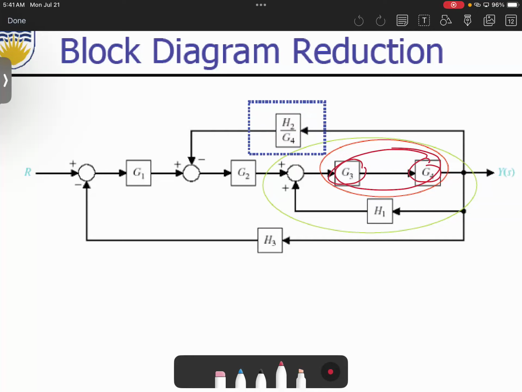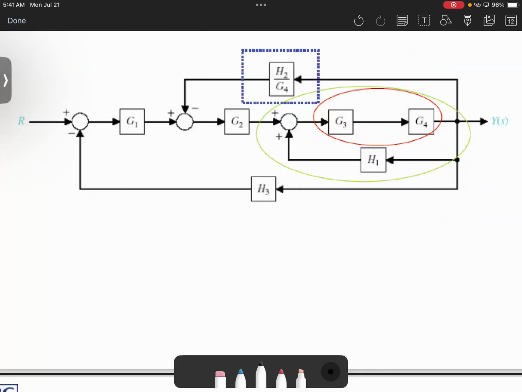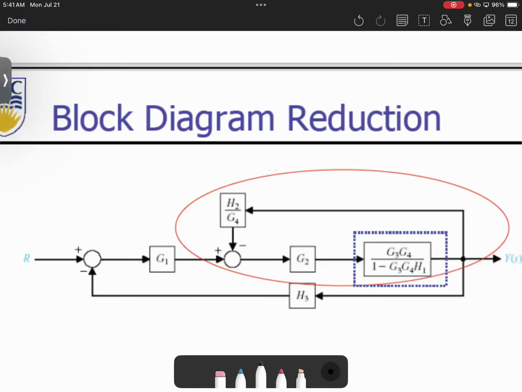So in the green circle, it will be G3 times G4 divided by 1 minus, because it's negative feedback, G3, G4, H1. Now the next thing is to redraw the block diagram and see if there are any other observations.